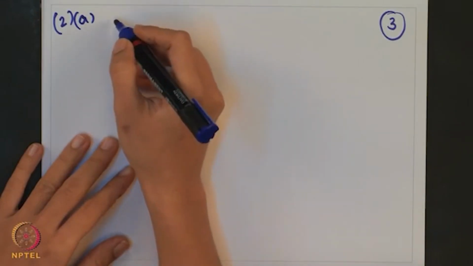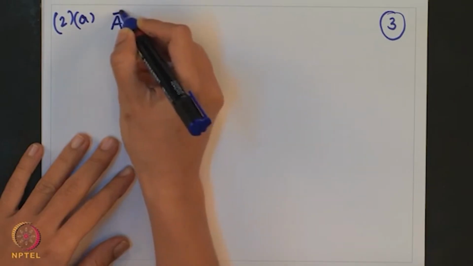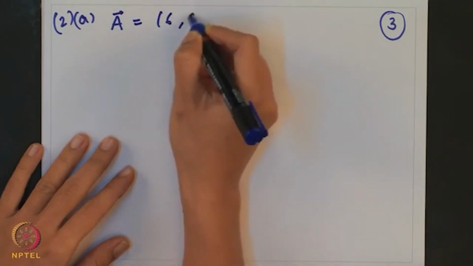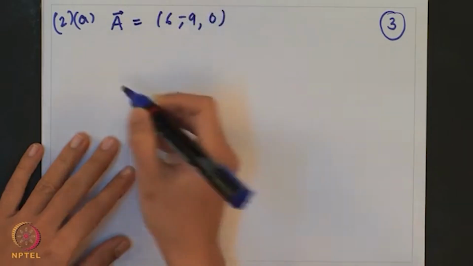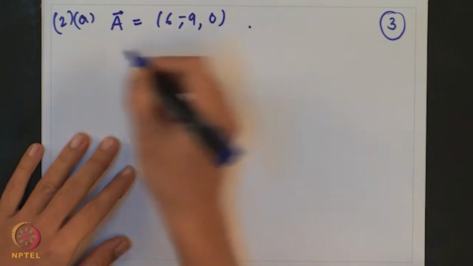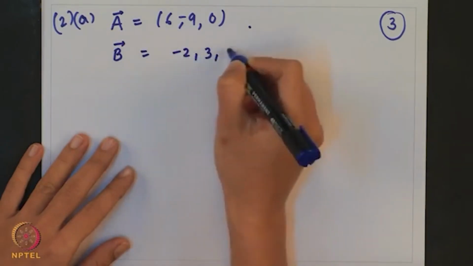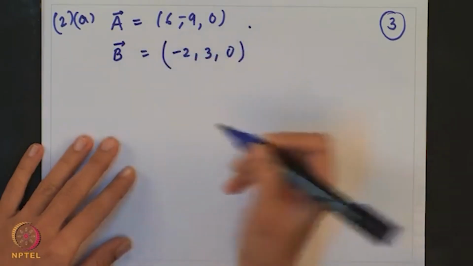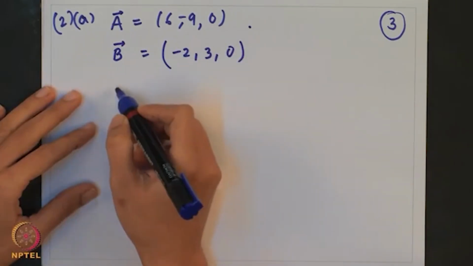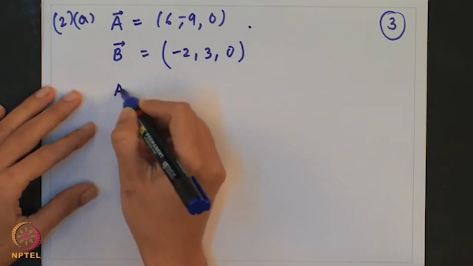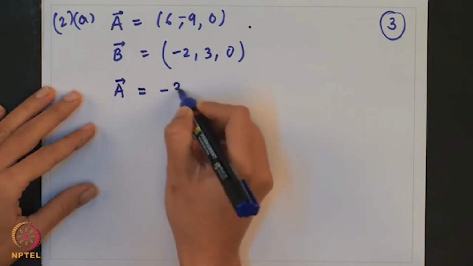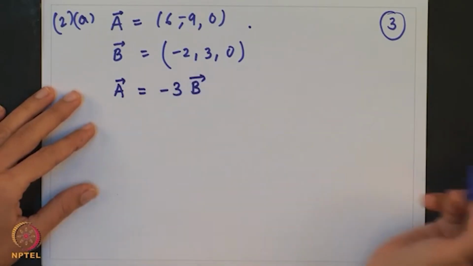In the first problem, you have a vector A as and vector B is -2, 3 and 0. From this itself you can see that vector A is -3 times vector B.